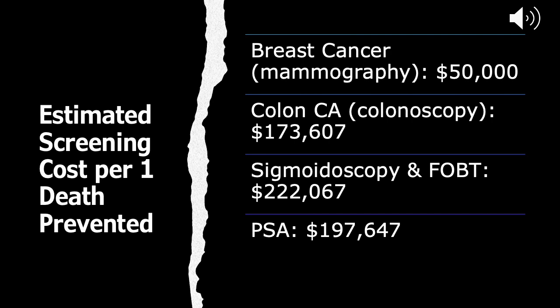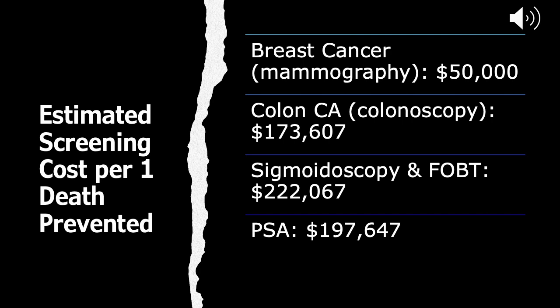So this just gives you a visual of how much it costs for preventing one death. For a mammography for preventing breast cancer, it costs about $50,000. For a colonoscopy for preventing colon cancer, it costs about $173,000.